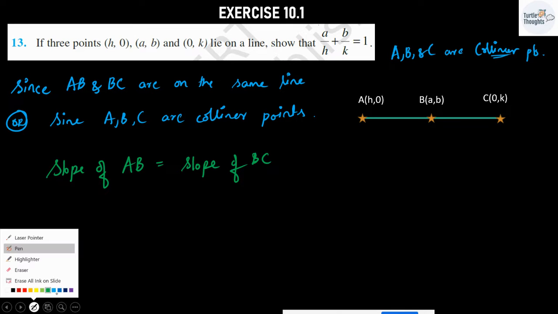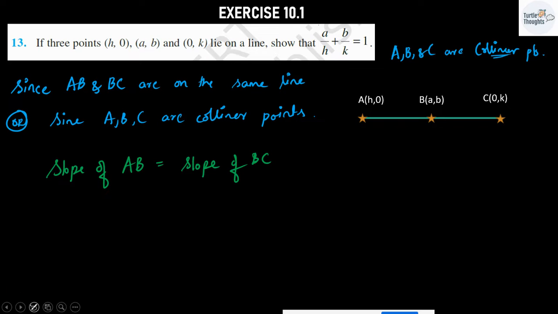Okay. Now let us take the slope of AB first.